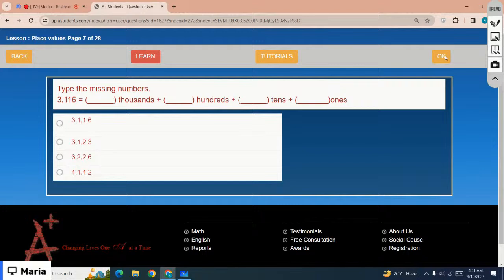The correct option is 3 is at the thousands place, 1 is at the hundreds place, 1 is at the tens place, and 6 is at the ones place. Option number 1 is the correct option.